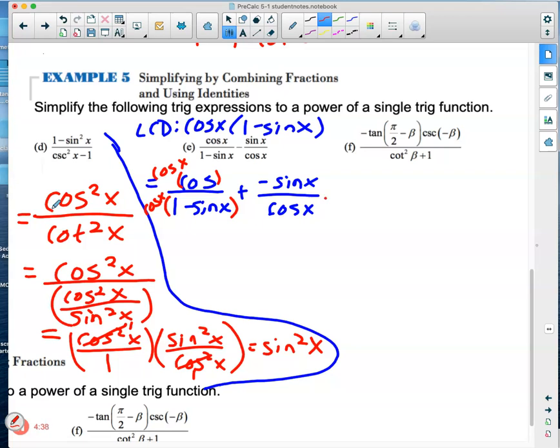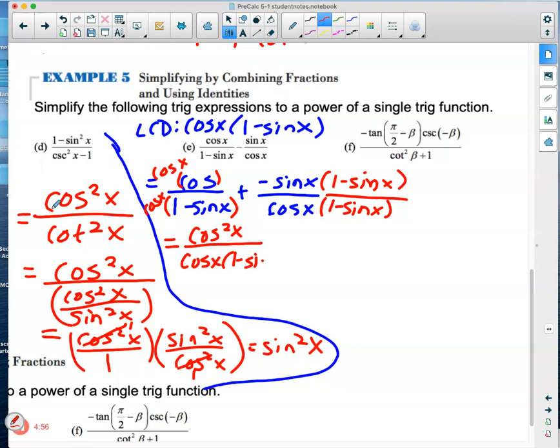And then we have to multiply the second one by 1 minus the sine of x on the top and the bottom. And just think about what those steps are going to create, and that you'll start to get some squareds. So my first little fraction is now cosine squared of x over cosine of x times the quantity 1 minus the sine of x.